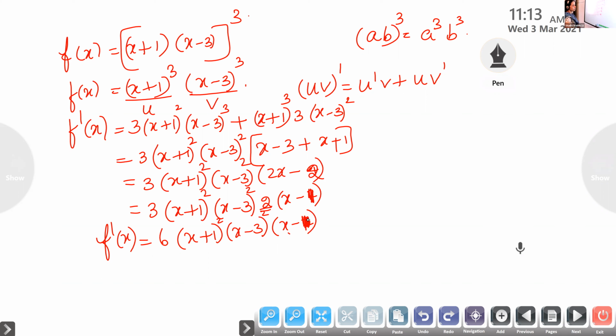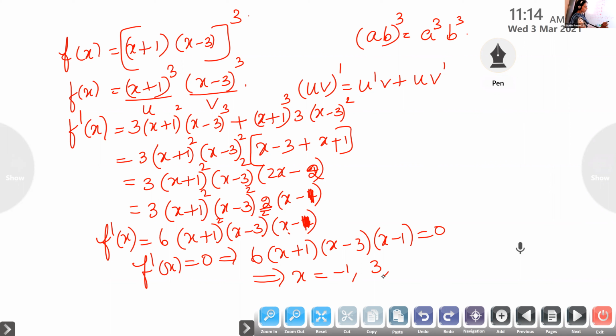Now f dash of x is equal to 0 implies 6 into x plus 1 into x minus 3 into x minus 1 is 0. So what are the values for x? The values for x will be minus 1, 3 or 1. So we are getting 3 values for x.